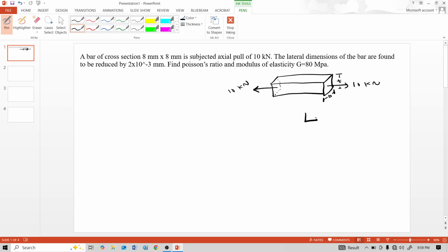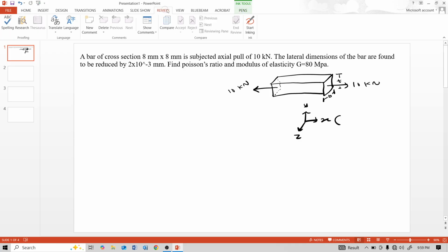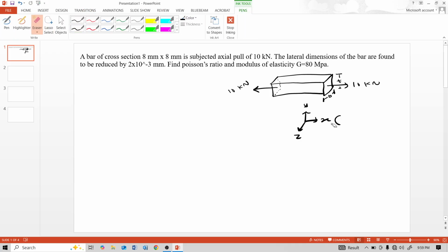See, this x-axis, y-axis and z-axis. This 10 kilonewton axial pull is acting on the x-axis, and this x-axis is the longitudinal direction of this bar, and this y and z-axis are lateral directions. And we have to find Poisson's ratio and modulus of elasticity.